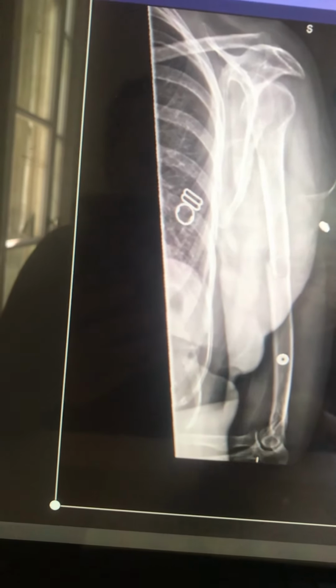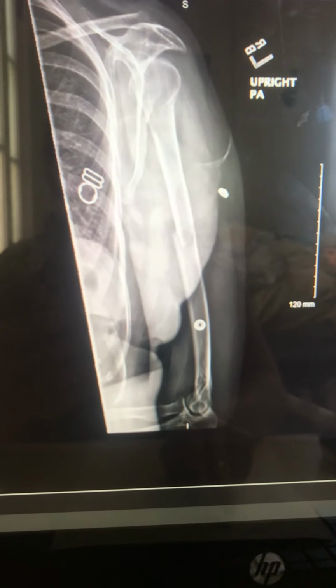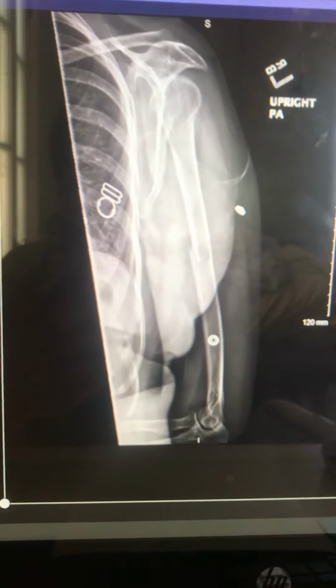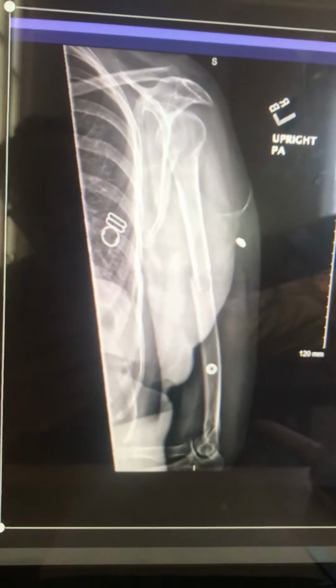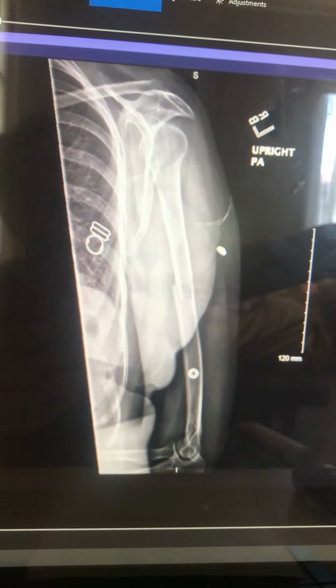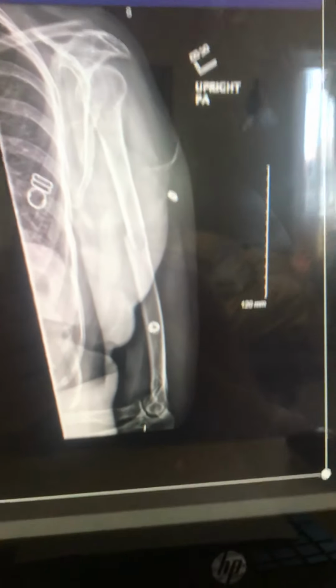The CR was perpendicular, centered to the mid portion of the humerus, collimated from side to side and from top to bottom. The image best demonstrates the head, body, and distal humerus in a medial lateral projection orientation.